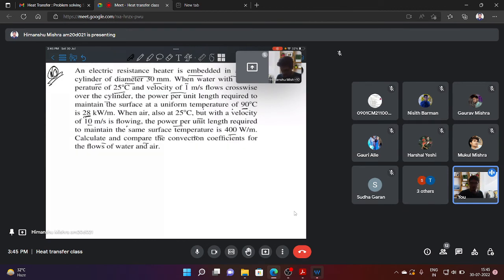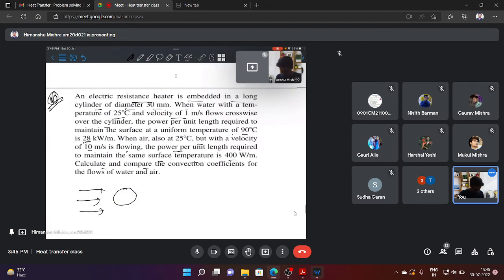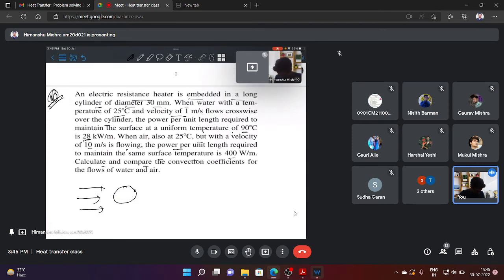So in this question we have two situations. For example, let's say in the first situation the water is flowing and the temperature at the surface is 90 degrees Celsius everywhere, and the temperature of the water is given as 25 degrees Celsius.